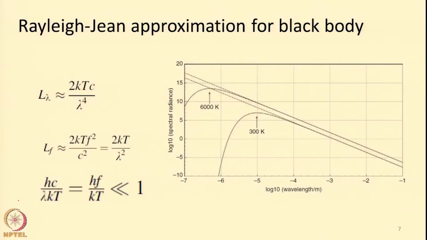Now, what we have seen till now is a generic form of Planck's equation, the original form without any modification. But in microwave wavelengths, if you look at the Planck's curve, especially in the longer wavelengths, we will have like a linear line. Here everything is expressed in log scale.